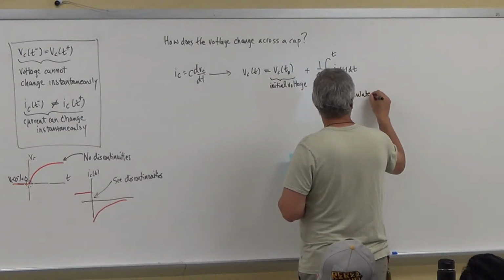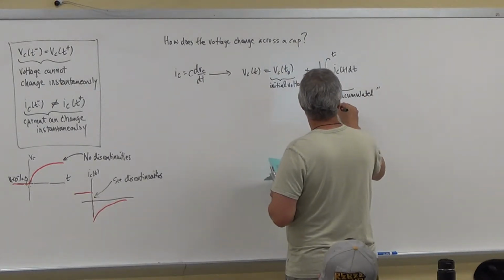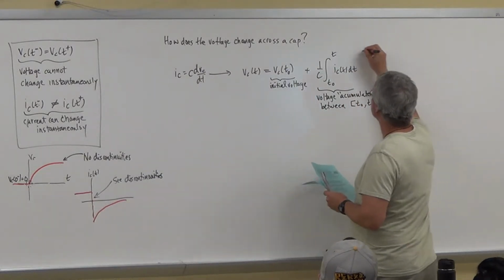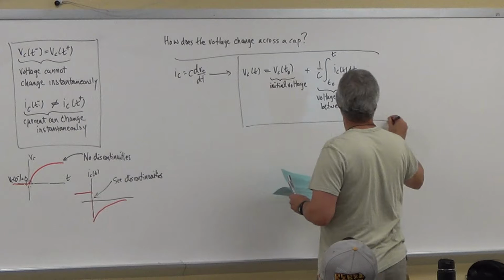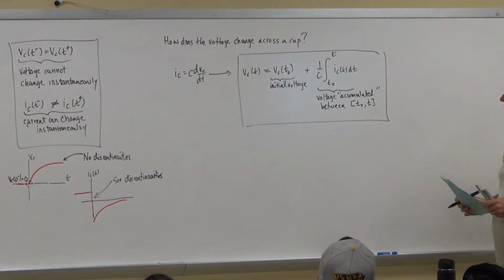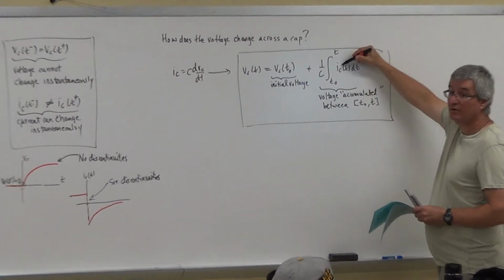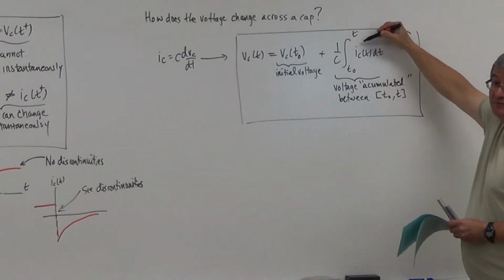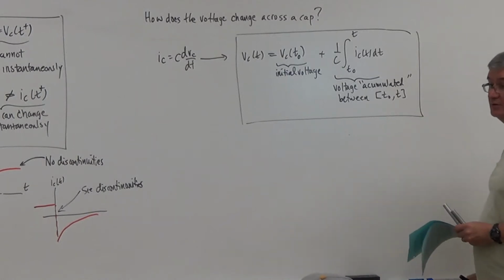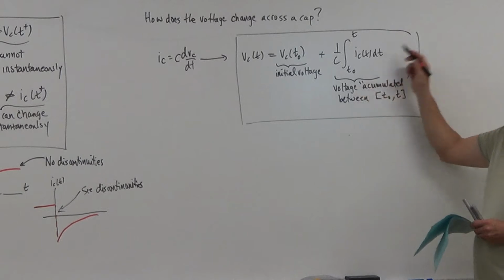Accumulated between that time and that time. So this is what we're having right here. It's the voltage accumulated for that current between that time and that time. If I have a constant current, then I'm going to get what? A constant flow of charge. And therefore, the voltage should increase linearly as we do that.